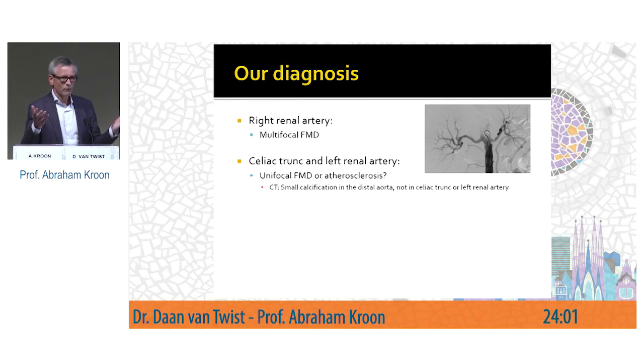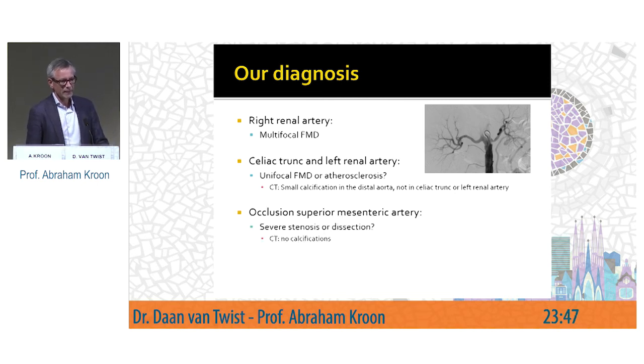Of course, we discussed whether this could be atherosclerosis, but there were only small calcifications in the distal aorta and not at the site of the celiac trunk or the left renal artery. And probably the occlusion of the superior mesenteric artery, which we seem to forget, may be a severe stenosis or even a dissection, which also fits into the diagnosis of FMD.